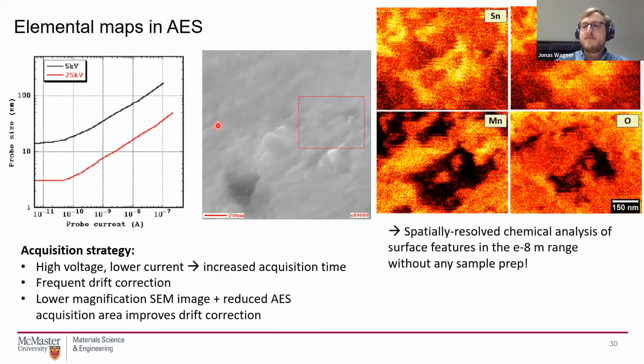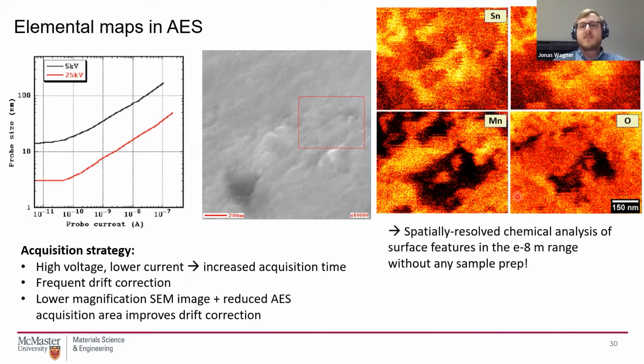Auger also provides a very powerful mapping feature, right? Here we can see elemental maps of, for example, tin at the surface in relation to the manganese oxide nodules and also the iron.